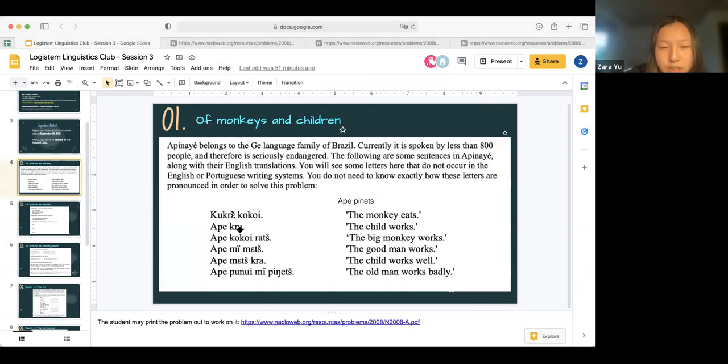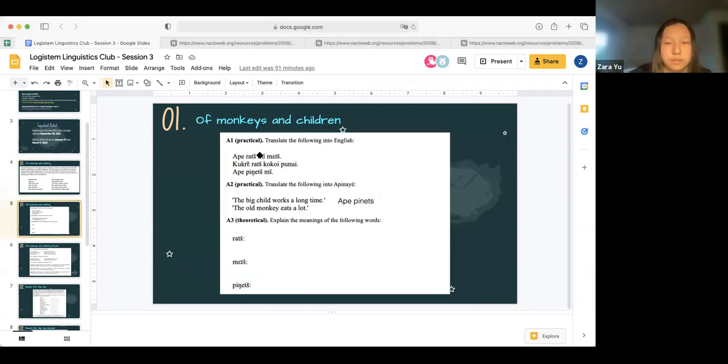Child is KRA, and then big is RATS. So what we do for this one is KRA and then RATS. Again, the characters aren't exact, but you guys can get the point. So it's like this. That's for this first one.